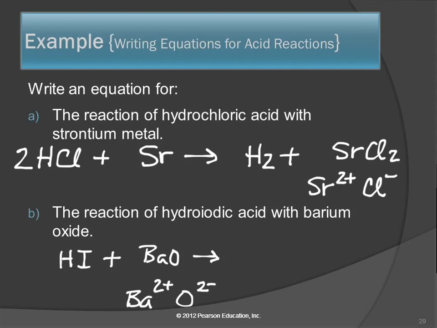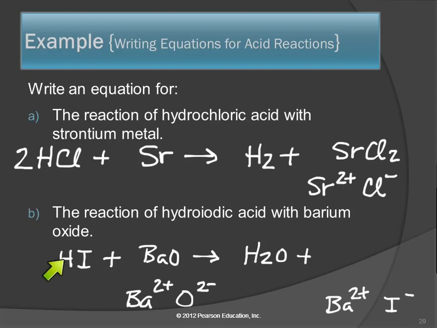So here we have an acid and a metal oxide. What does this make? Water and salt. They all are making salt, aren't they? This one's making water and salt. So our first product will be water. And then for the salt, we've got barium that didn't go into the water, and we've got iodide.